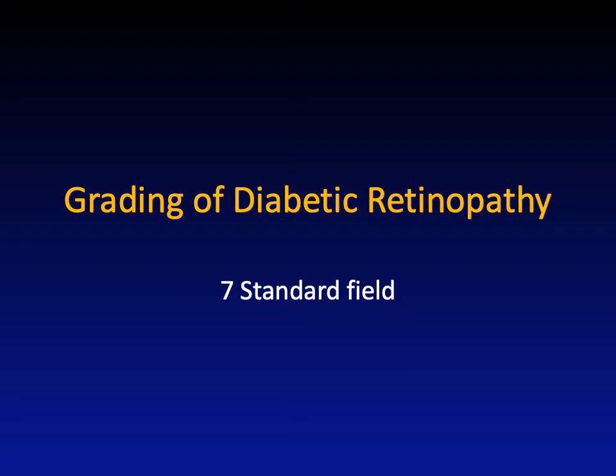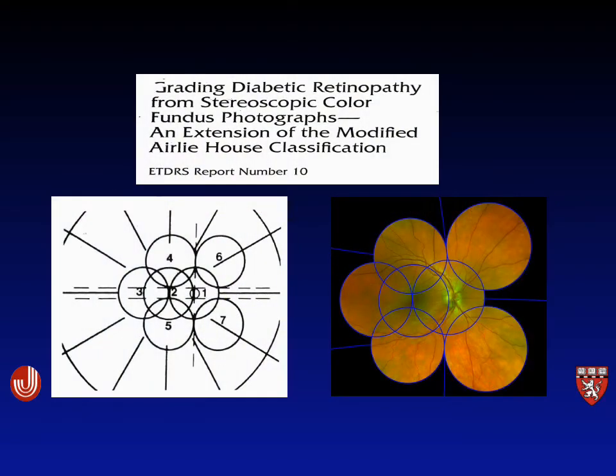So in terms of the grading of diabetic retinopathy, the gold standard has always been the ETDRS 7 standard field. The current ETDRS classification system as we know it was first described as part of the Early Treatment of Diabetic Retinopathy Study, or ETDRS, report number 10.